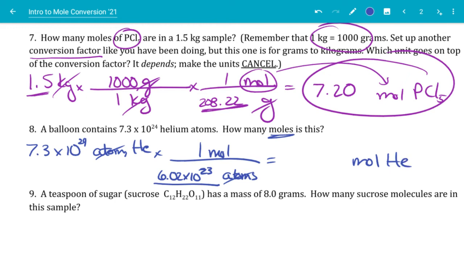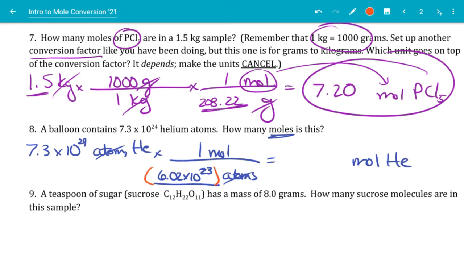So I'm going to do 7.3 times 10 to the 24th, right? Times 10 to the, oh crap, I did it wrong. Hold on, I just want to check my work. Yeah, 10 to the 24th. So 7.3 times 10 to the 24th, and then divided by, super important, I got to say it the same way every time.